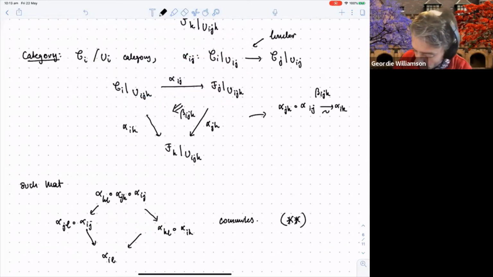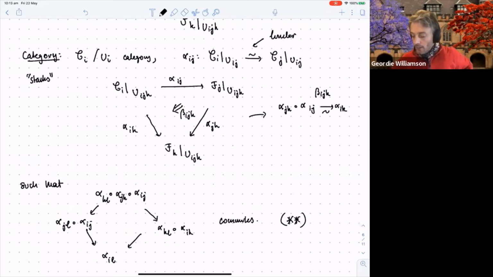I mean a stack in the very general sense of a sheaf of categories. So giving a sheaf of categories on a space is the same thing as giving a sheaf of categories on an open cover. And now for a pairwise intersection of open subsets, we would like an equivalence of categories.